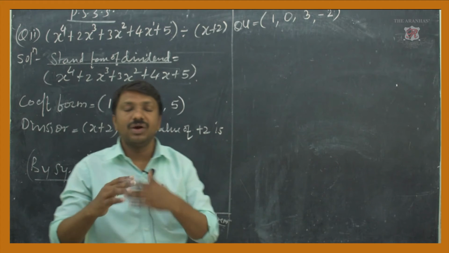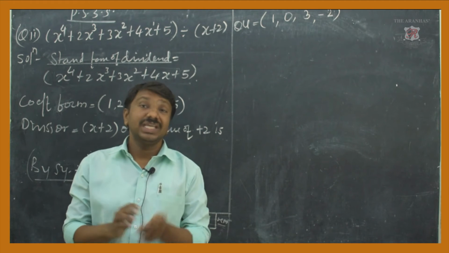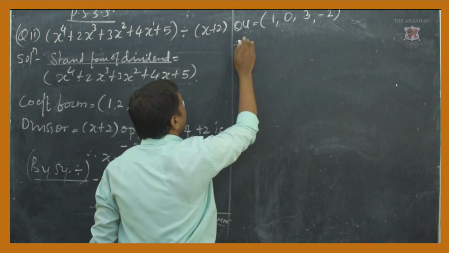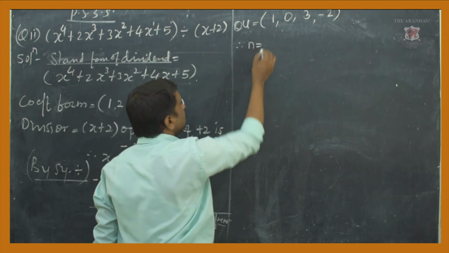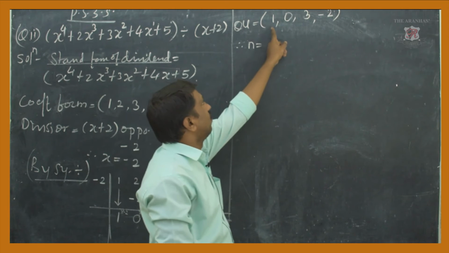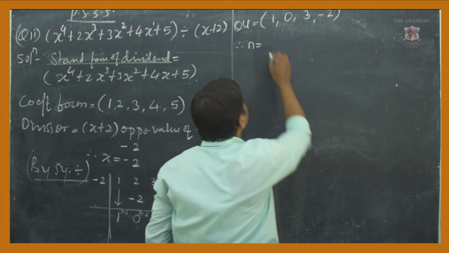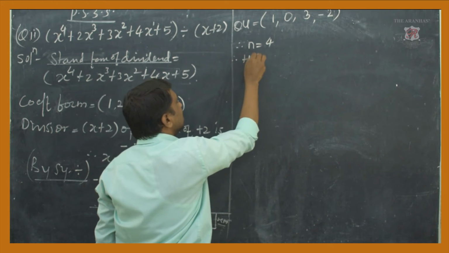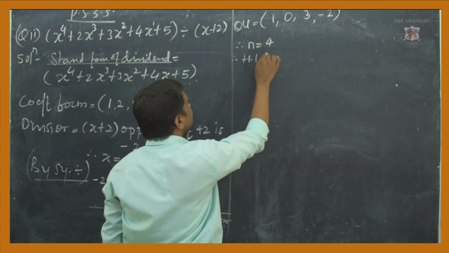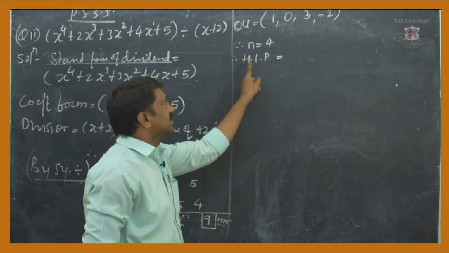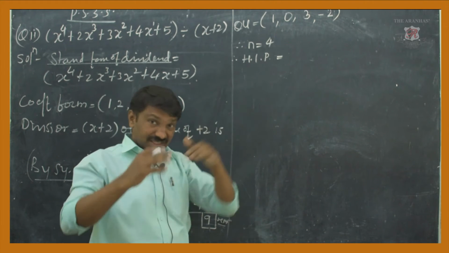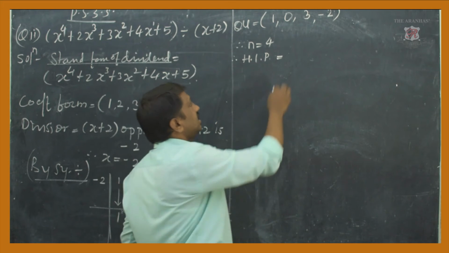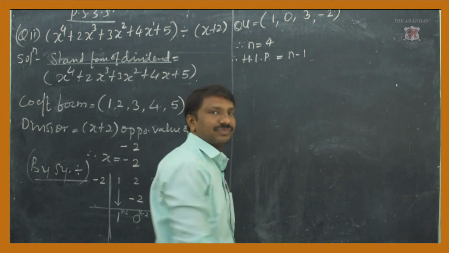You have to convert this into the equation form. For that, you know the rule, first find what is n. n means how many numbers are there: 1, 2, 3, 4. So we will write 4. Then find the highest index power, that means HIP, of the polynomial which we are going to find. For it, the formula is n minus 1.